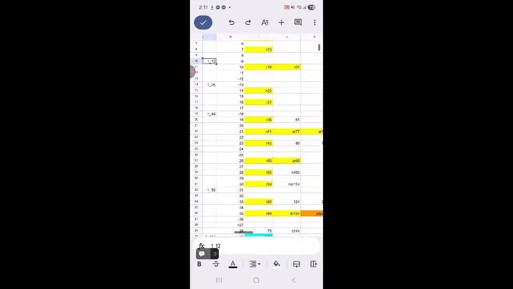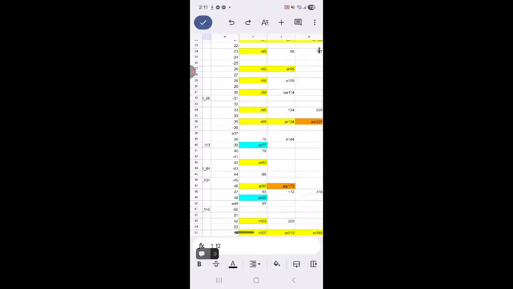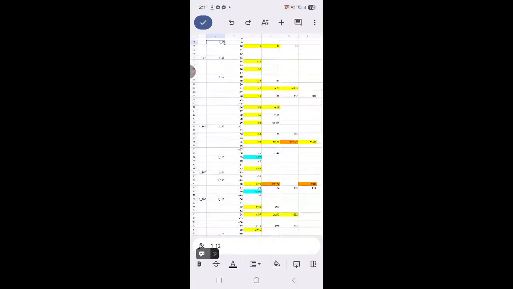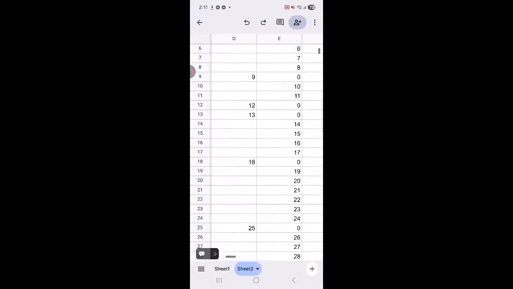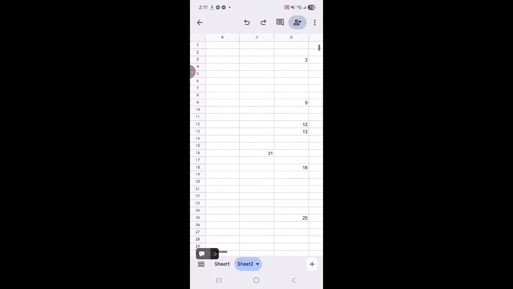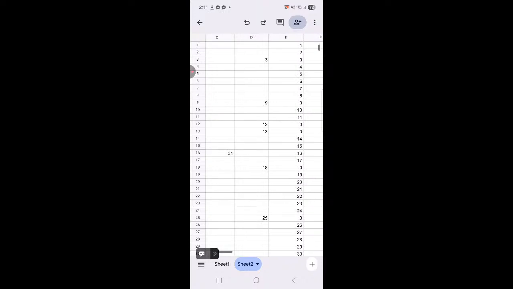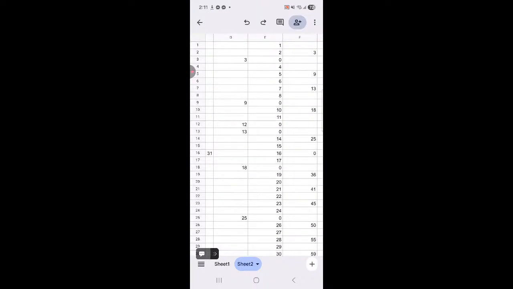And so that's why I made a second sheet, because I redid the process, and I think I did it differently this time, where there's the numbers 12 and 13 for some reason.